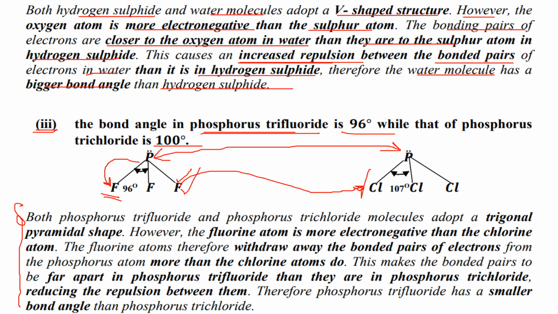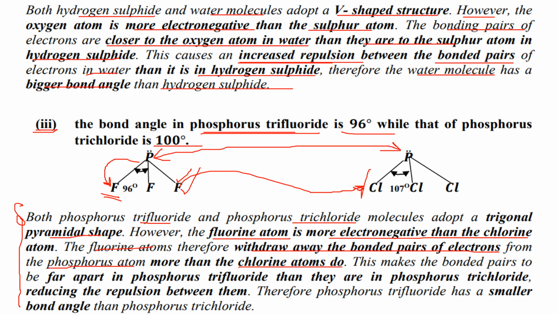You're going to say that both phosphorus trifluoride and phosphorus trichloride molecules adopt a trigonal pyramidal shape. Just like before, we start by acknowledging the structure. However, the fluorine atom is more electronegative than the chlorine atom, and hence the fluorine atoms withdraw the bonded pairs of electrons away from the central phosphorus atom more than the chlorine atoms do.